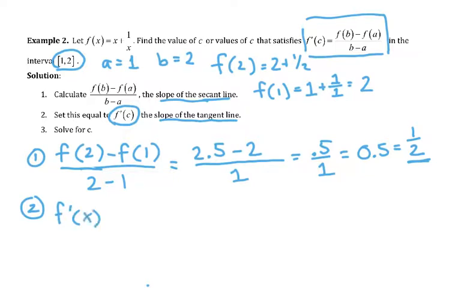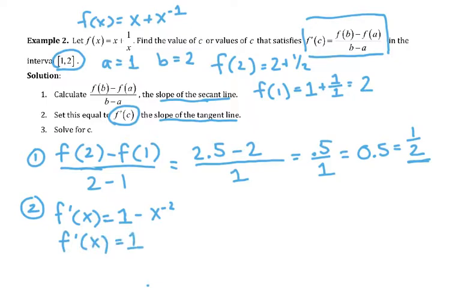What does it look like? Well, you might want to rewrite f as x plus x to the negative 1. Then we see the derivative is going to be 1 minus x to the negative 2, which I think is easier to understand as 1 minus 1 over x squared.